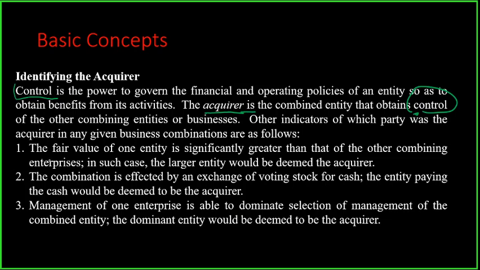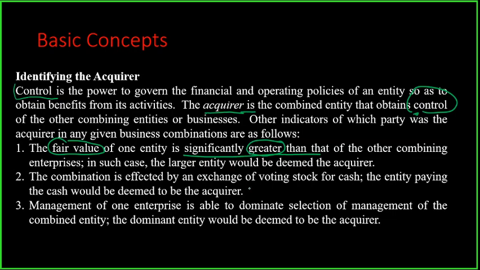Other indicators of which party was the acquirer in a business combination are as follows. For example, you cannot identify control because it was not mentioned in the problem, but this is mentioned: the fair value of one entity is significantly greater than that of the other combining enterprise. Therefore, that entity is the acquirer if it has a higher fair market value of its assets.